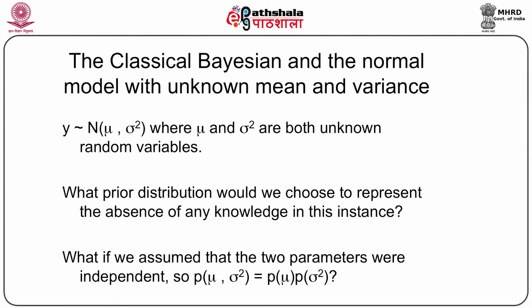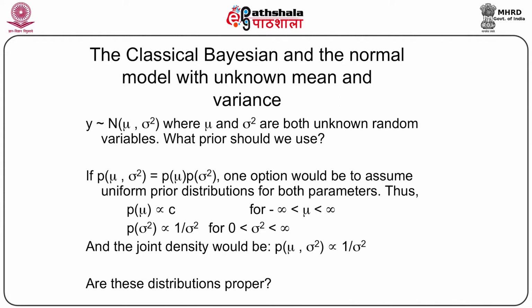So the joint distribution of mu and sigma square is the product of the individual distribution of mu and that of sigma square. The classical Bayesian method tells you, again, we assume y is normally distributed with mean mu and variance sigma square, and the joint prior of mu and sigma square is the product of the two. That means they are independent.